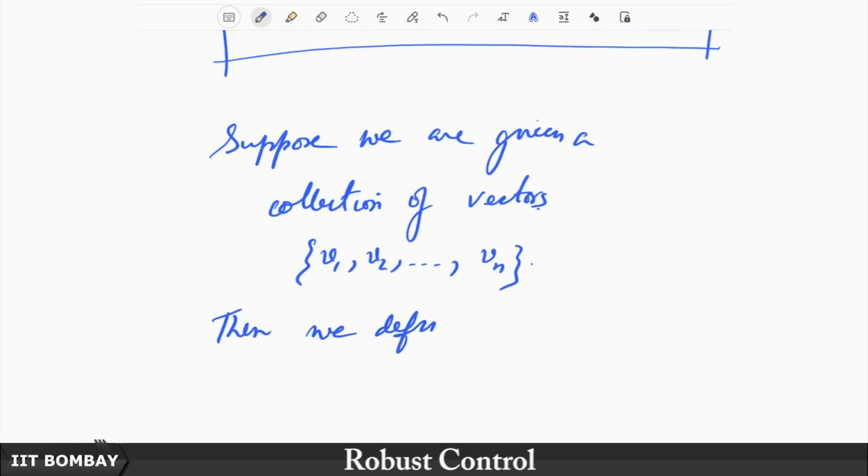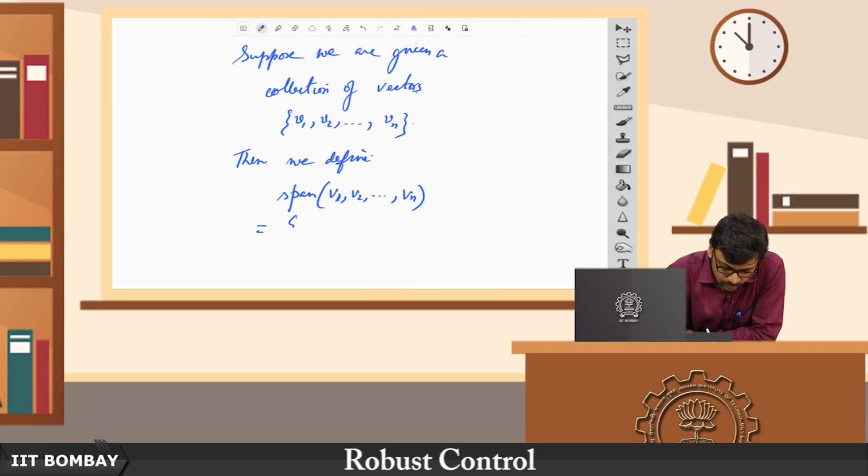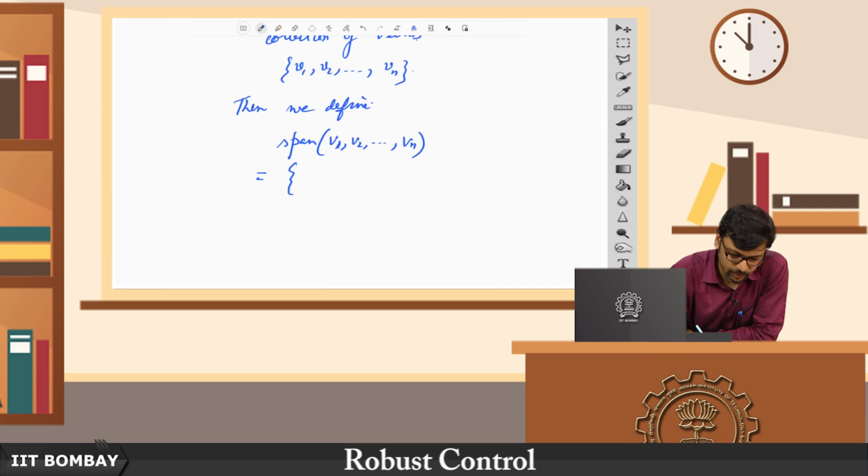we define this, and I leave it again as an exercise for you to check that this is indeed a vector space. We define the span of these vectors that belong to this set as equal to, and this is the set theoretic notation that we are going to use now, the collection of all such vectors V such that there exist alpha 1, alpha 2 dot dot dot till alpha n in the field of scalars.